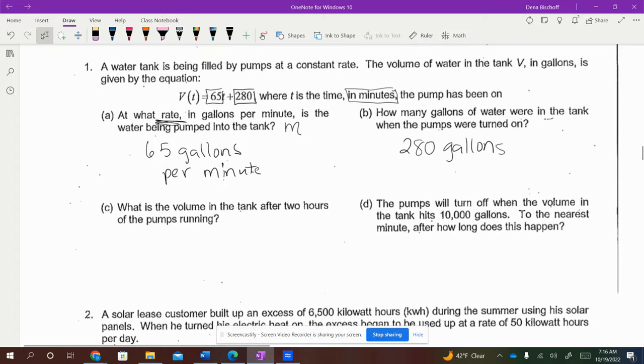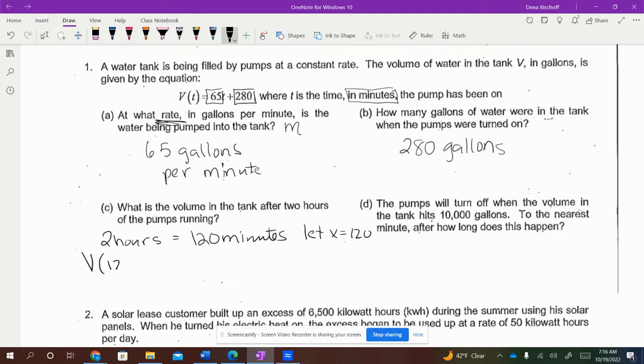What is the volume in the tank after 2 hours? Well, 2 hours is equivalent to 120 minutes. So that just means let t equal 120, and we're going to evaluate this function.